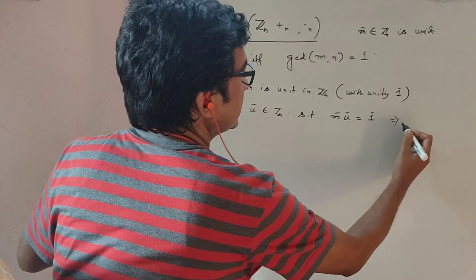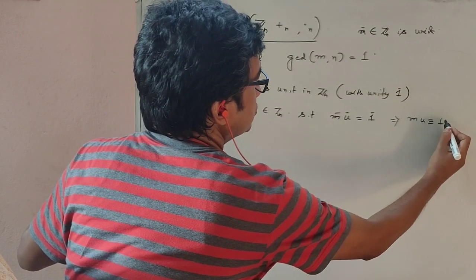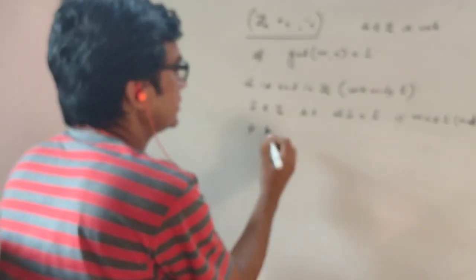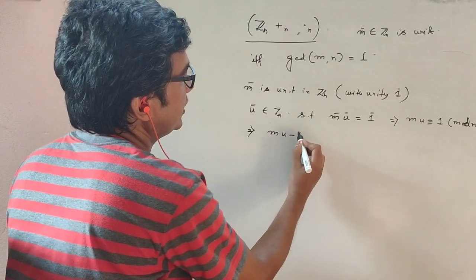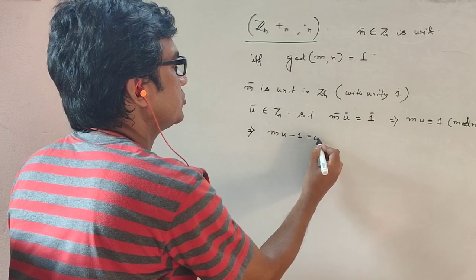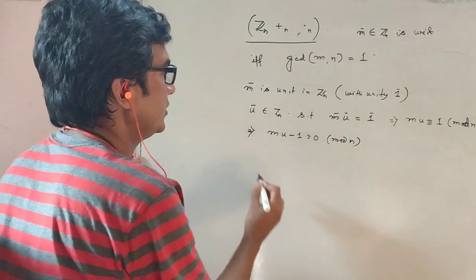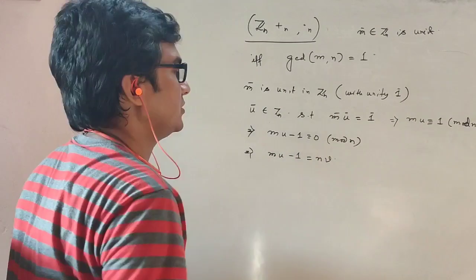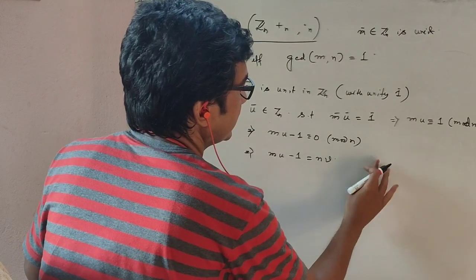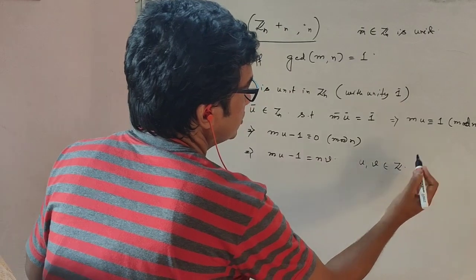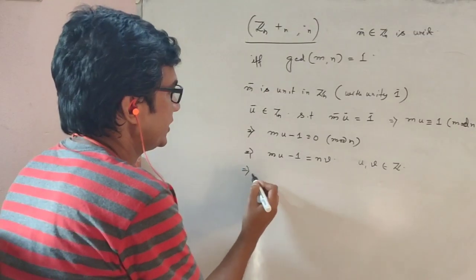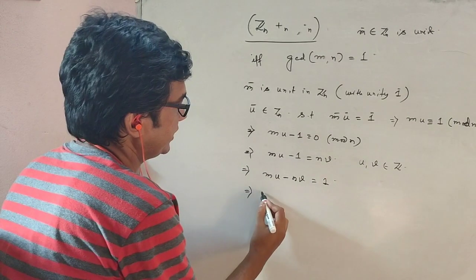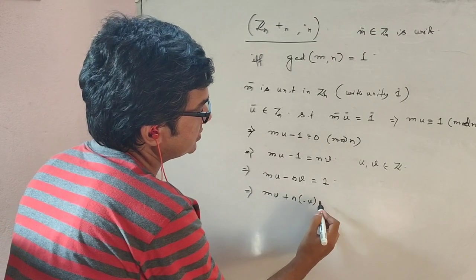That is mu congruent to 1 mod n, that is mu minus 1 congruent to 0 mod n, that is mu minus 1 equal to nv, where u, v both belong to the set of integers, implies mu minus nv equal to 1, implies mu plus n into minus v equal to 1.